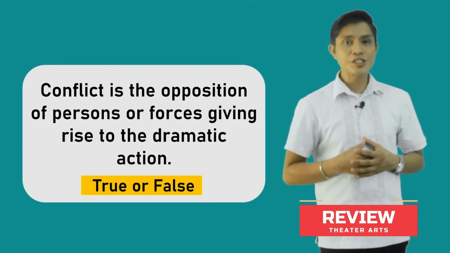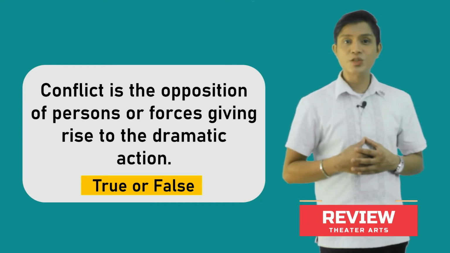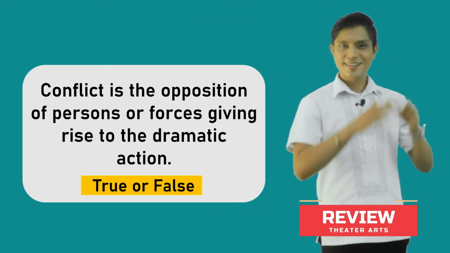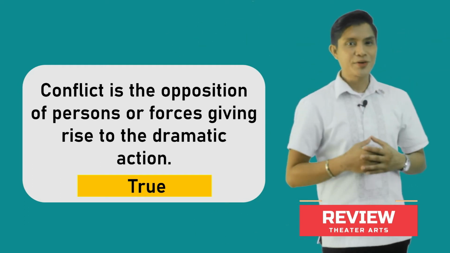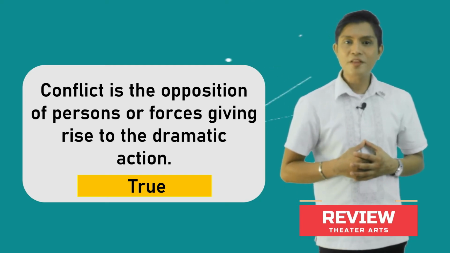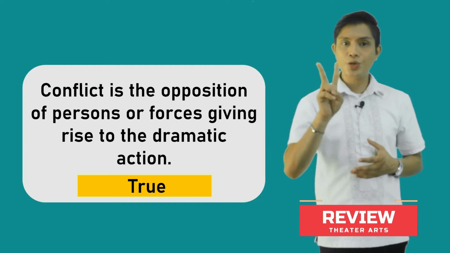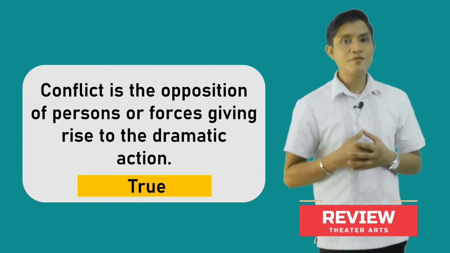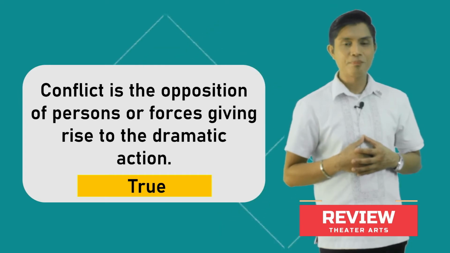Number 3. Conflict is the opposition of persons or forces giving rise to dramatic action. The correct answer is true. In literature and film, conflict is a clash between two opposing forces that creates narrative thread for a story.